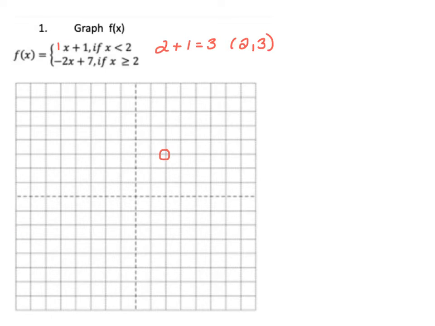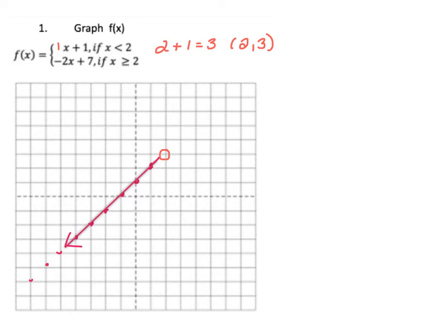So I'm going to go down 1, left 1, down 1, left 1, to get that slope that I need. So there I draw my ray going infinitely to the left for all domain values less than 2.